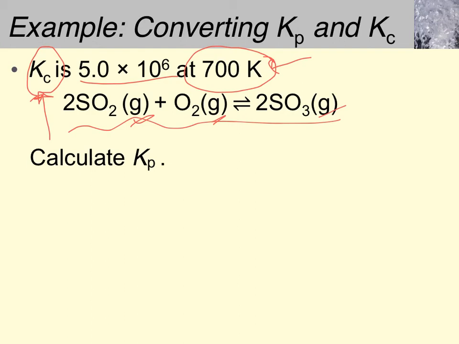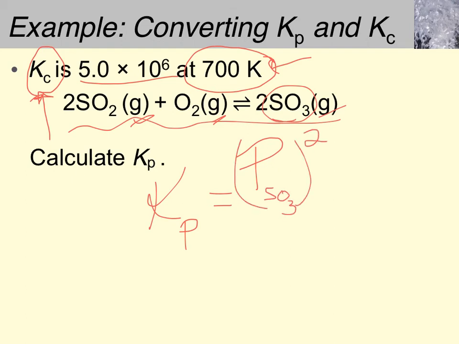So let's go ahead and write out Kp to begin with, and then I'll plug in values for you. If you were to write out the expression for Kp, instead of the brackets for concentration, you just put a big P, and then the substance itself gets written as a subscript. So pressure of SO3, and that would have to be squared.